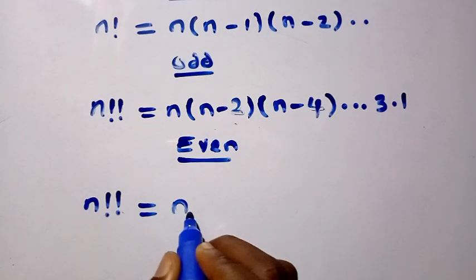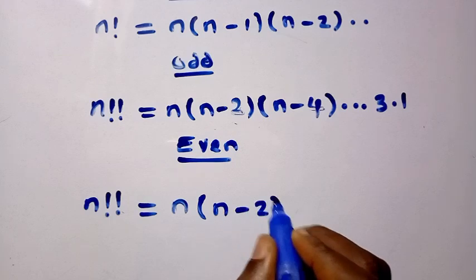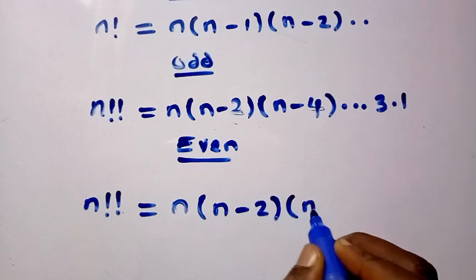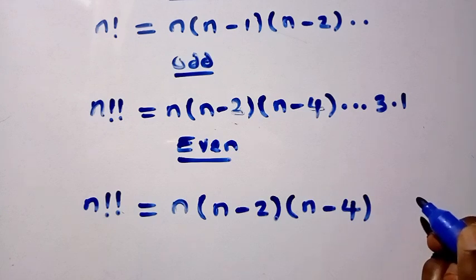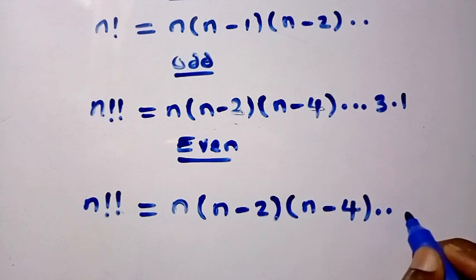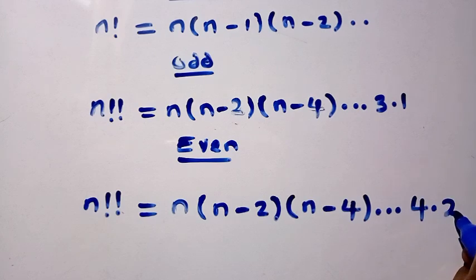We have n into bracket of n minus 2, n minus 4, n minus 6, and that's how this one continues as well till we have 4 times 2. So 2 will be the last number here, which is even.